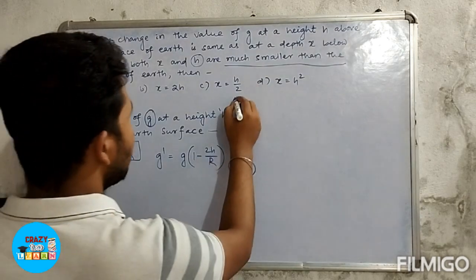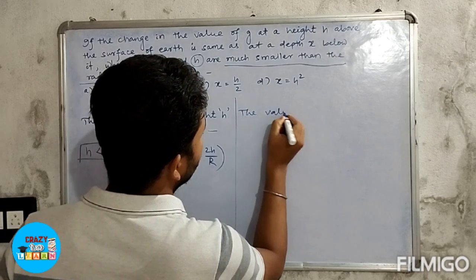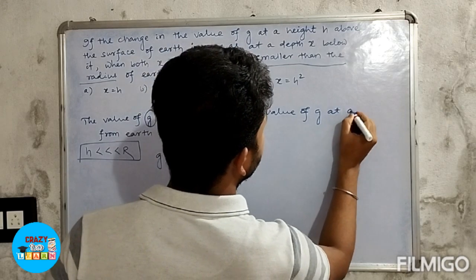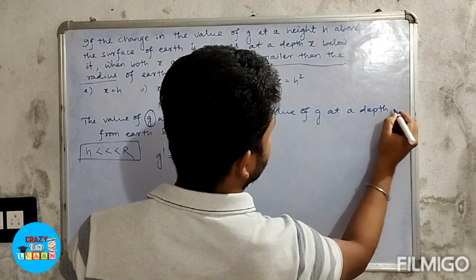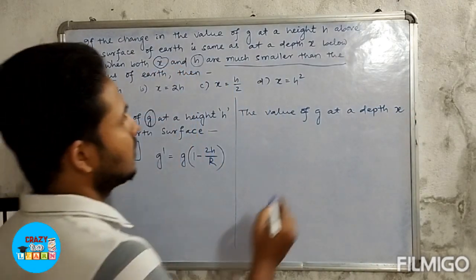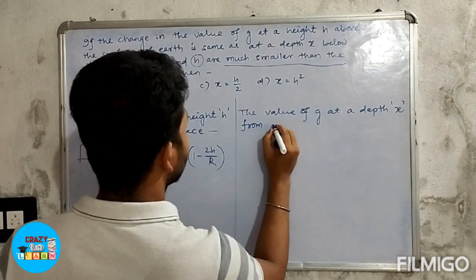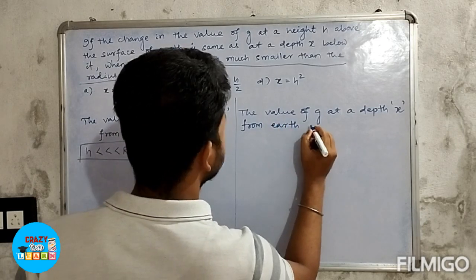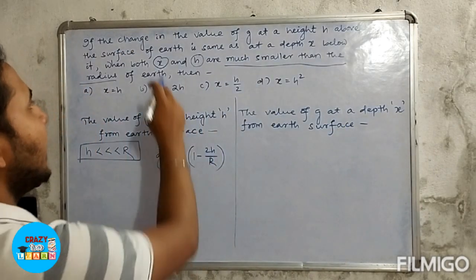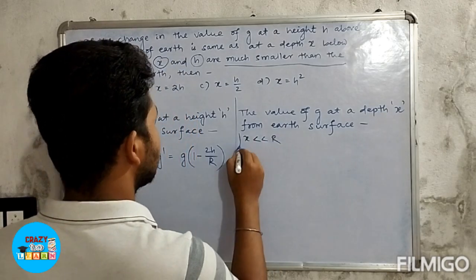Then in a similar way we will go for the depth. What is the value of g at a depth? Depth is taken here as x. So at a depth x from earth's surface, and what is the condition given to you? x is also very small compared to the radius.